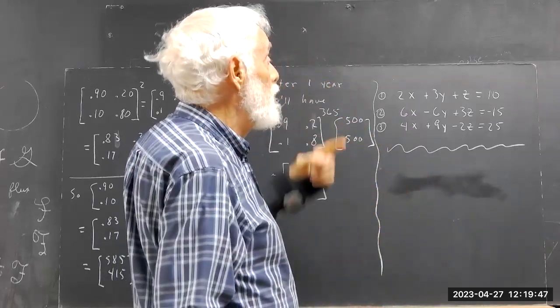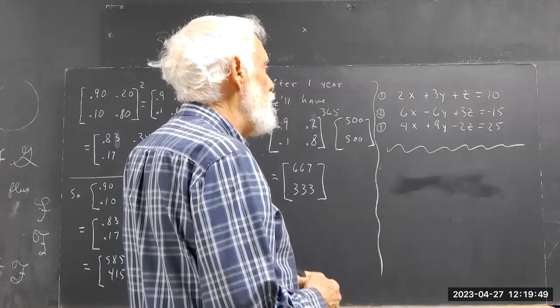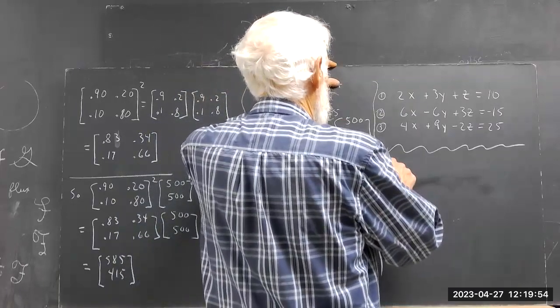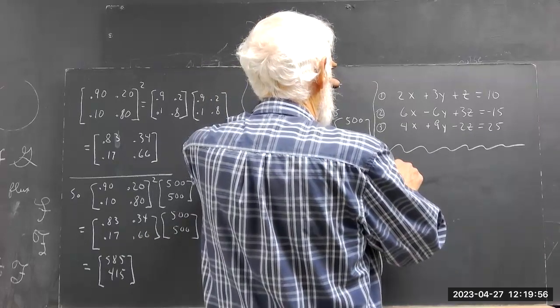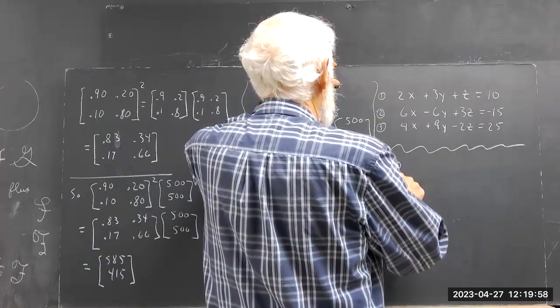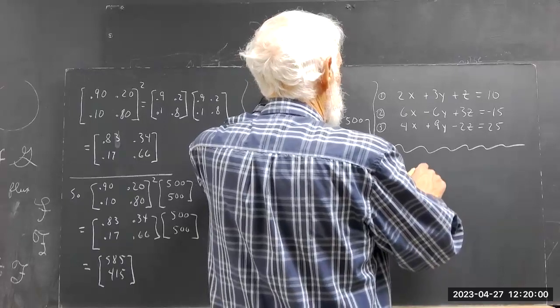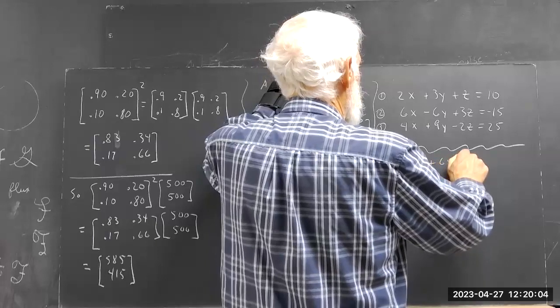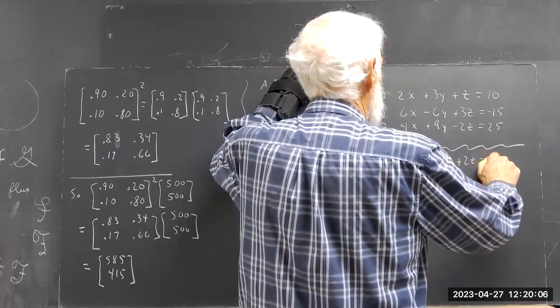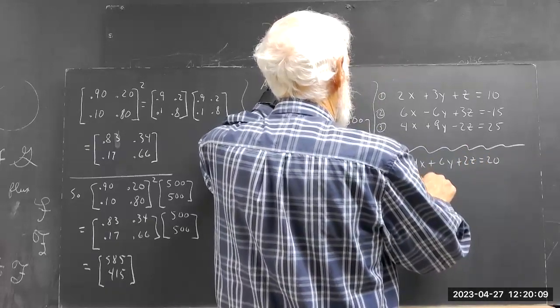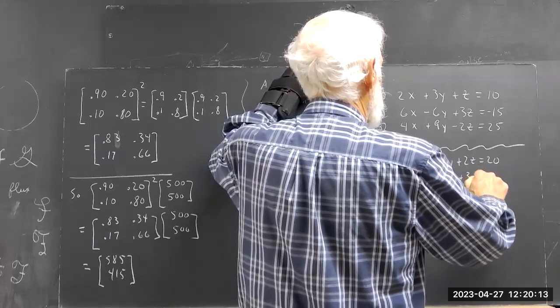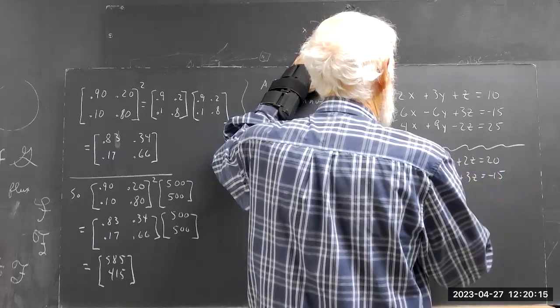Let's keep it looking like the one before. So I'm going to multiply the first equation by 2 and write down the second equation. That's going to give me 4x plus 6y plus 2z equals 20, and 6x minus 6y plus 3z equals -15.